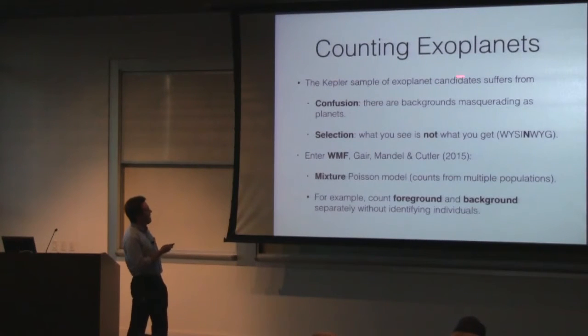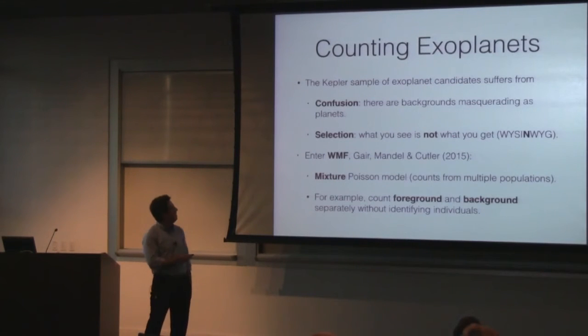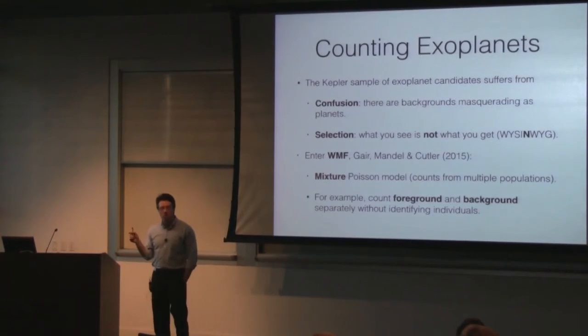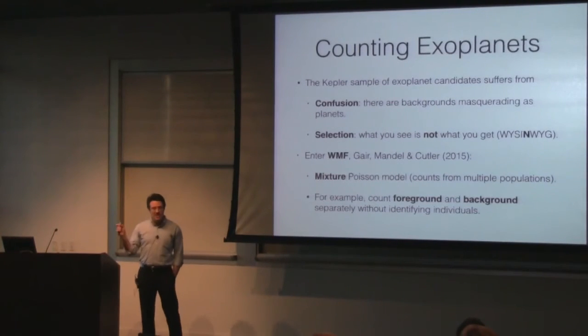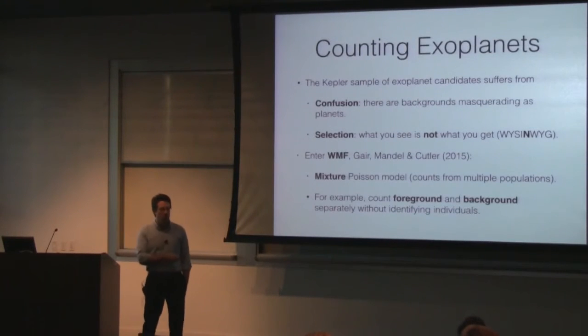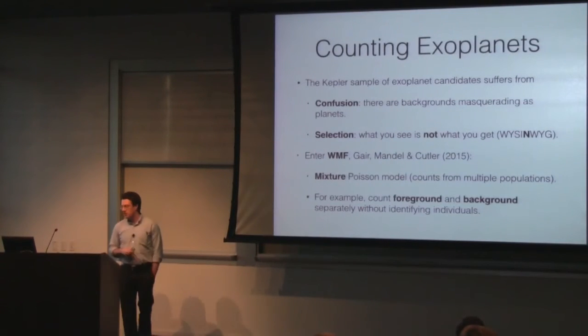There are things in the background that aren't planets that made it onto the candidate list. And it also suffers from selection. Kepler can find some planets much more easily than others. And so what you see is not what you get, if you like. Remember when we all had word processing programs that were WYSIWYG? This is whiz and wig. Okay? There are severe selection effects.